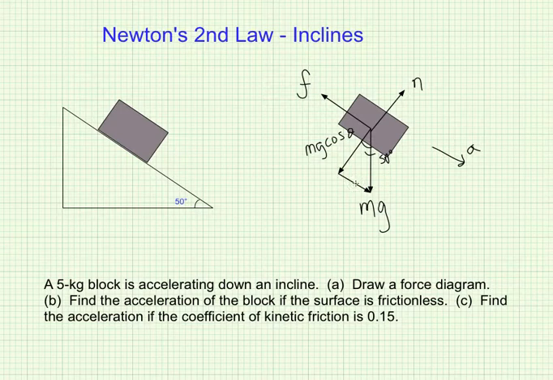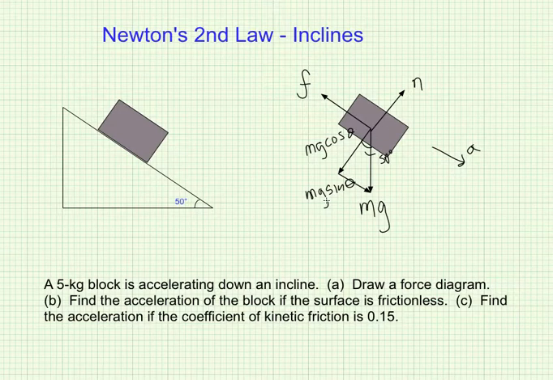This component is opposite of the angle, going down the incline. Opposite is going to be sine, so this part will be mg sine of theta. Every time you have an incline problem, you're going to have to break up mg into these two components.